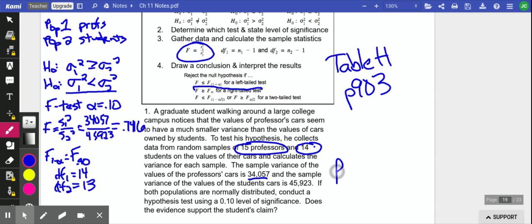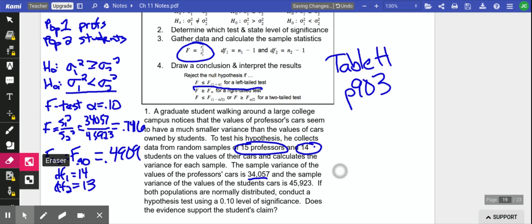Okay, so look at page 915. And then we're going to look at the degrees of freedom, numerator and denominator, and actually have to flip the page now for that. So page 916 is where we're actually going to find it, and we get 0.4909.